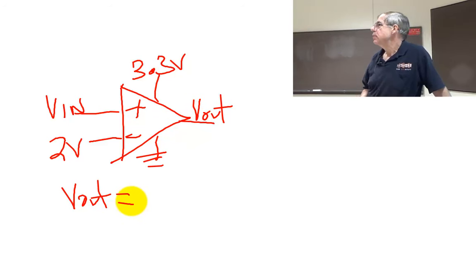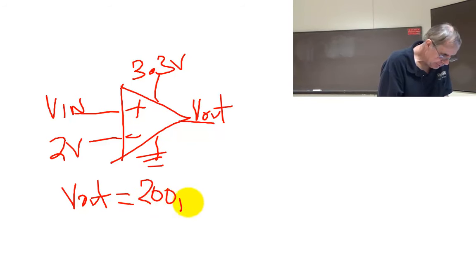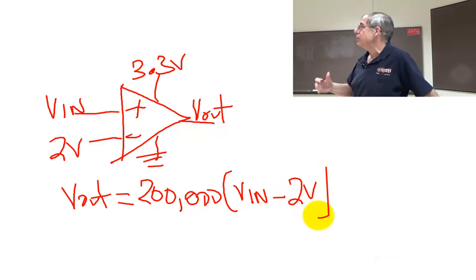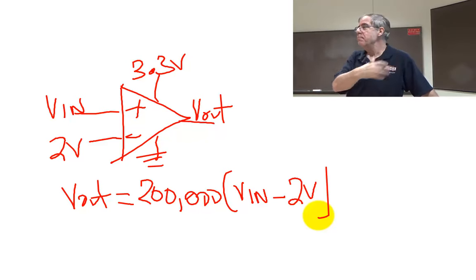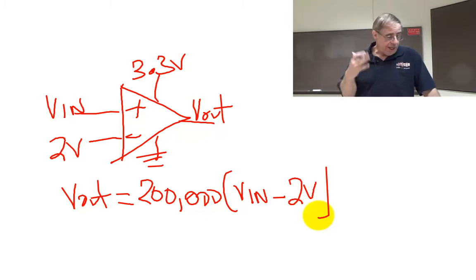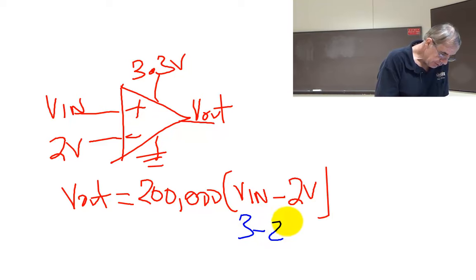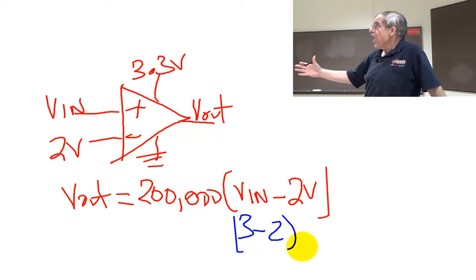It was some very large number times the difference between the two inputs. That's what the OpAmp is trying to do, to take the input, subtract off the other side, and then multiply it times a large number. So if the input were 3 volts, what's the output? 200,000.